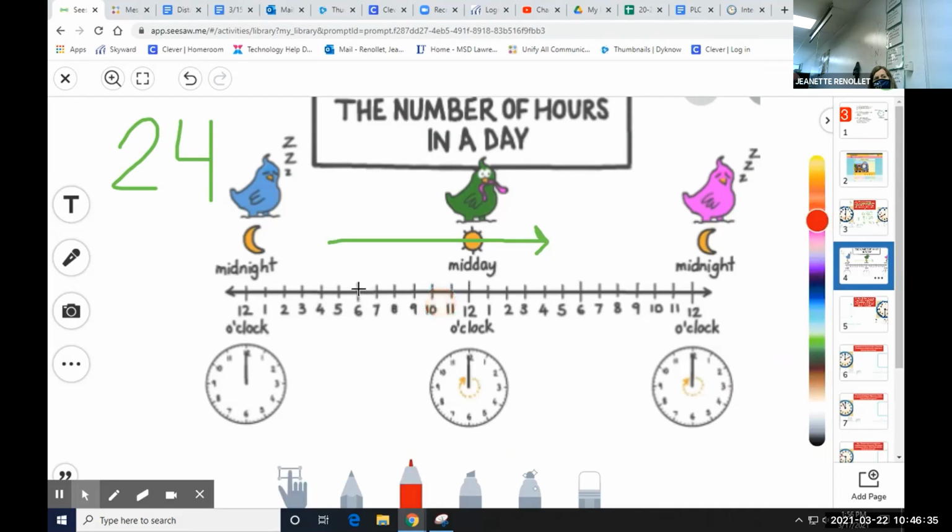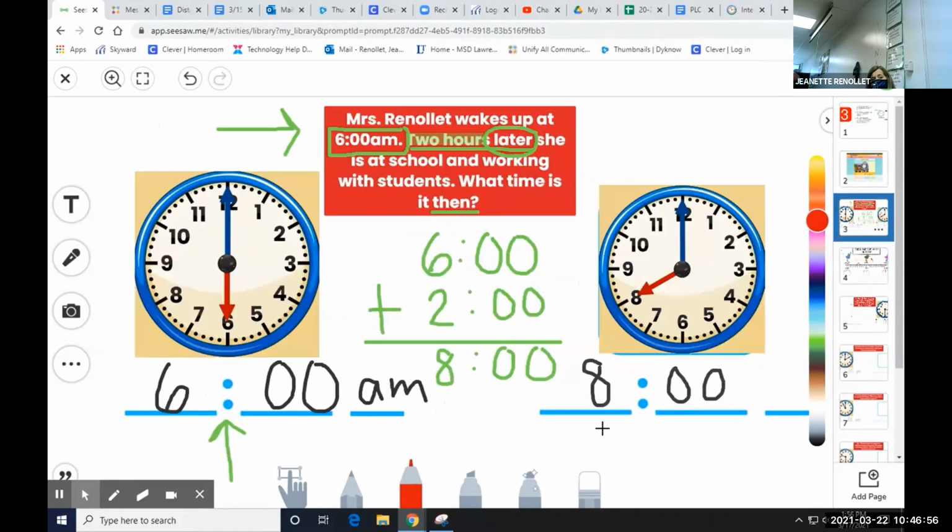If Mrs. Renelay wakes up at 6 o'clock AM, that would be in the first half of our day. 2 hours later tells me we moved forward in our day. 2 hours later is still in the first half of our day. I know that it is 8 o'clock, so I can stick with 8 o'clock AM and show my work.